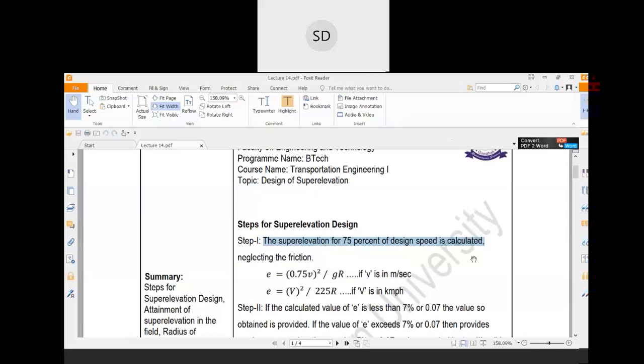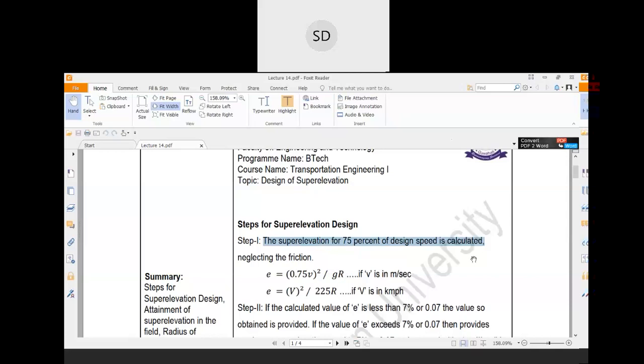Super elevation for 75% design speed is calculated neglecting the friction, so the frictional force is also neglected. Neglecting friction enables vehicles with lower speed to comfortably overcome the horizontal curve.